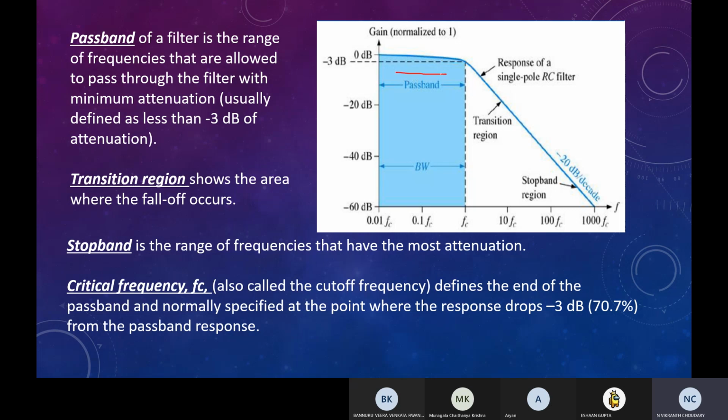That is the range of frequency where the gain is actually significant. And this is usually less than minus 3 decibels.